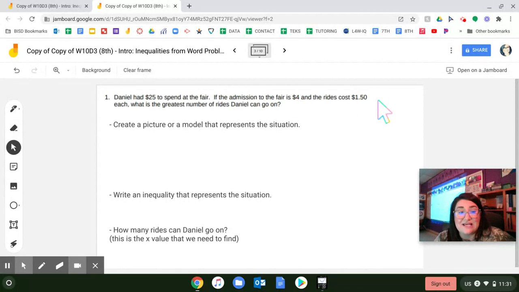Rides are $1.50 each. That sounds like a slope. So you build that equation, and instead of that equation equaling 25, the money you spend at the fair has to be less than or equal to 25. I can spend $10 at the fair. I could spend $25 at the fair. I could spend anywhere in there, but I can't spend more than 25.